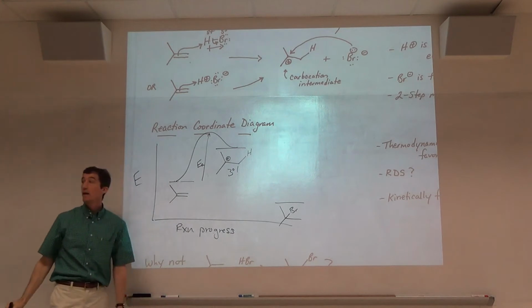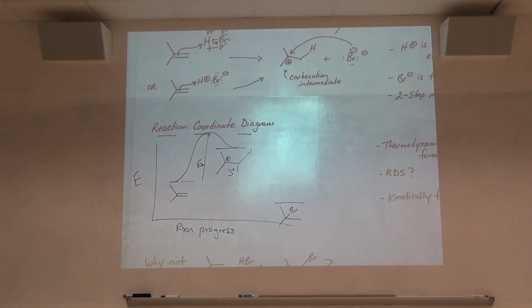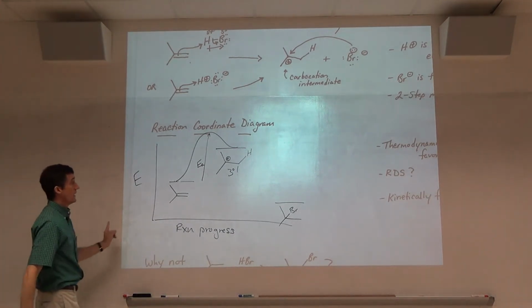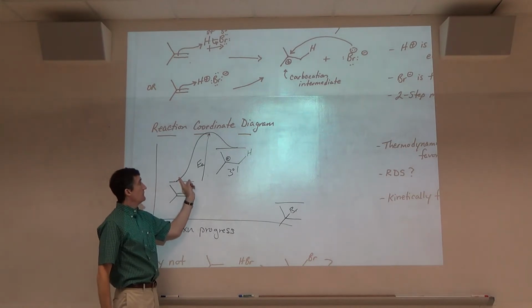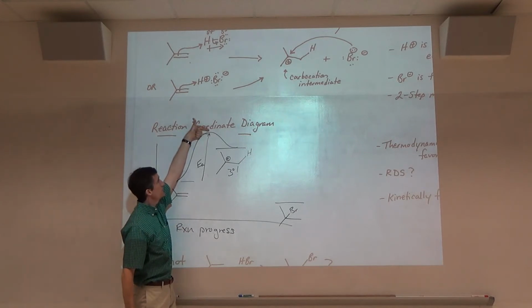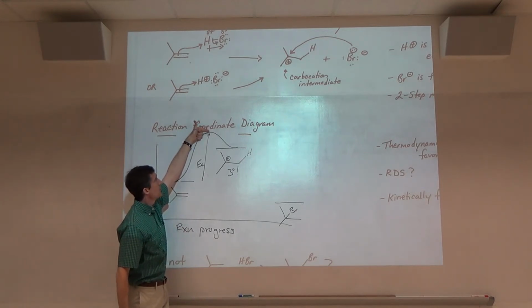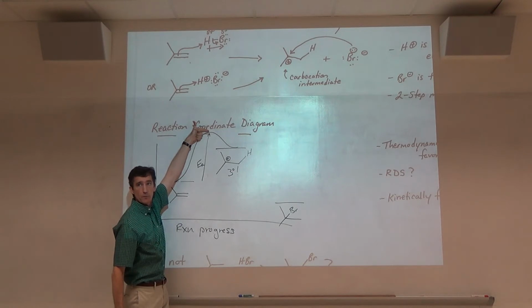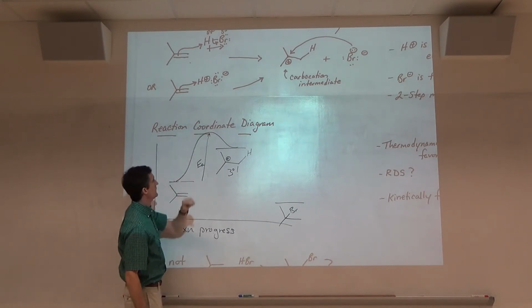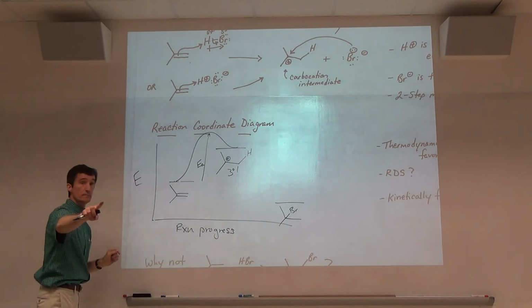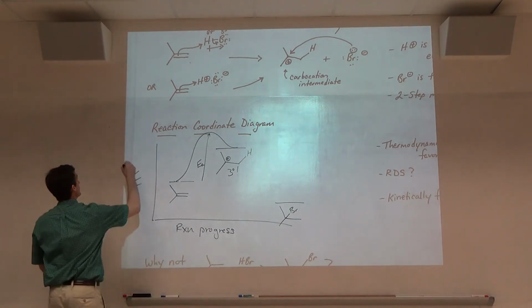E sub A, your activation energy. And what does this look like right here? What can we call this at this point? What is the molecule, or what's happening right here? Transition state. Somebody said it. Transition state.